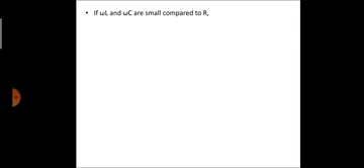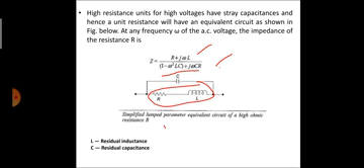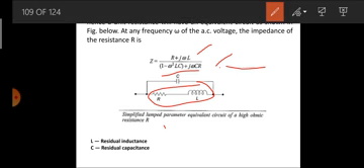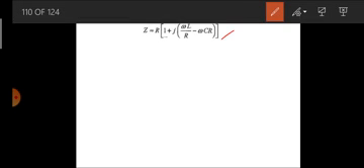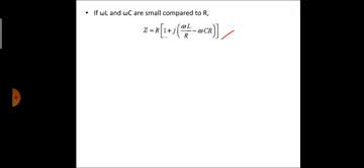Now, if omega L and omega C are small compared to R, then equation 1 can be reduced to Z is nearly equal to R into (1 plus j(omega L by R minus omega CR)). This is the magnitude of my total impedance.